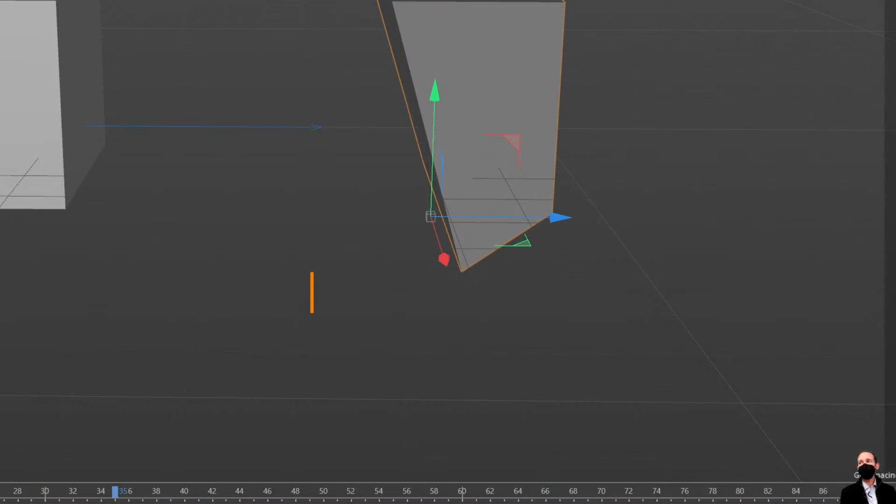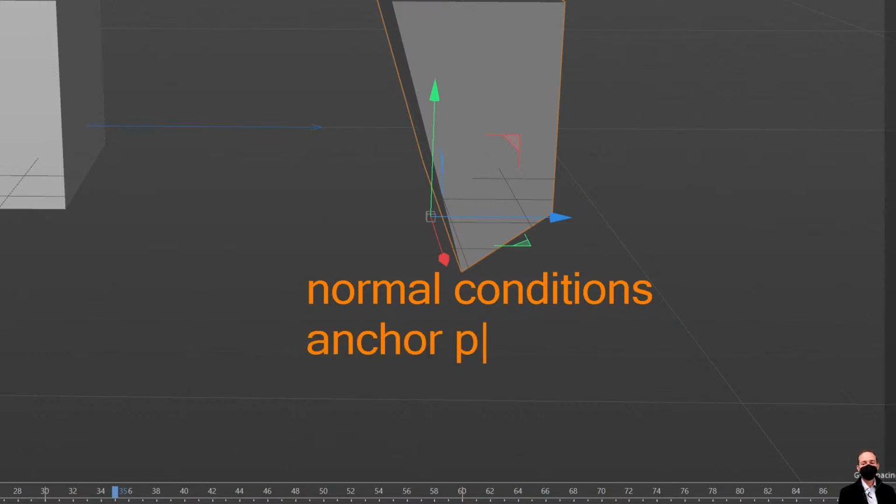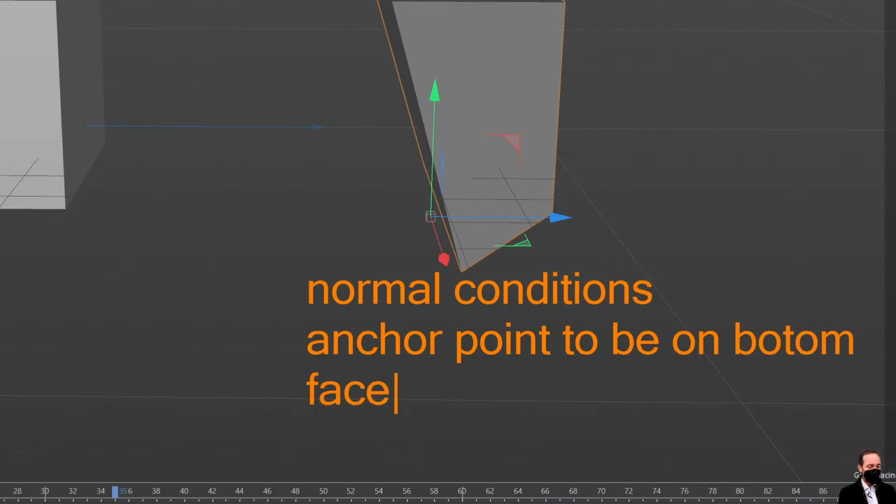And so in those cases, under normal conditions, you want the anchor point to be on the bottom face of the object, so that when you zero it out, when you say, hey, go to 0, it snaps to the floor of the environment.